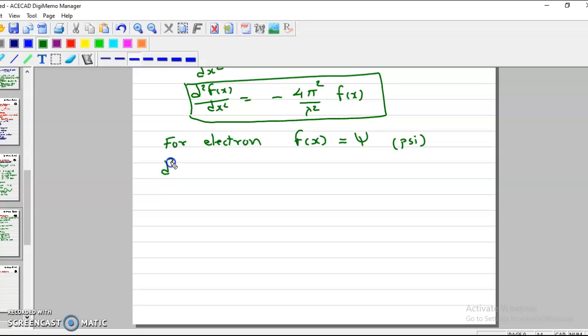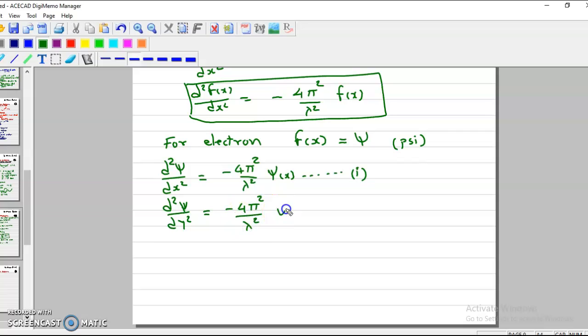For that, we write d squared psi upon dx squared is equal to minus 4 pi squared upon lambda squared psi, the x component if the electron is moving in the x direction. This is equation 1. Second, d squared psi upon dy squared, if the electron is going in the y direction, is equal to minus 4 pi squared upon lambda squared psi.